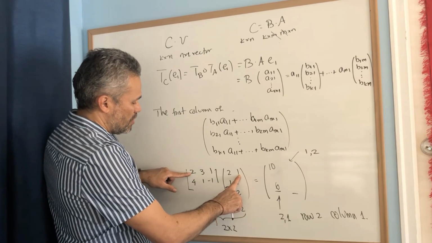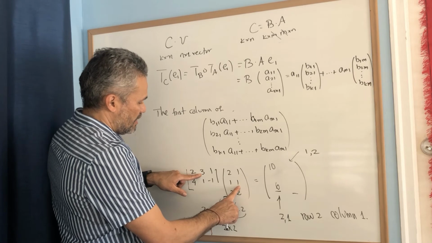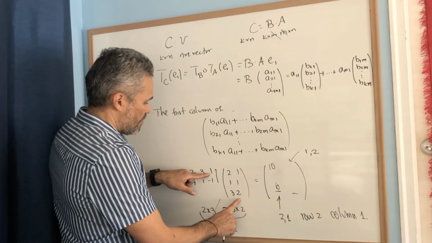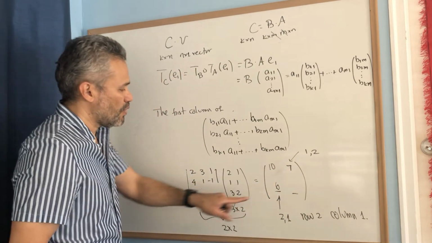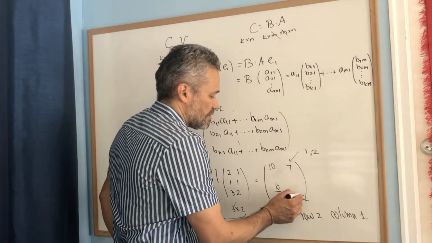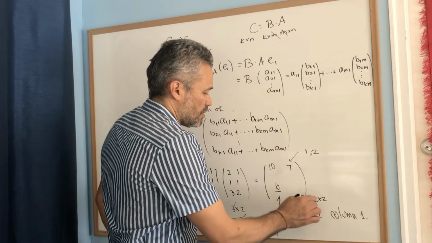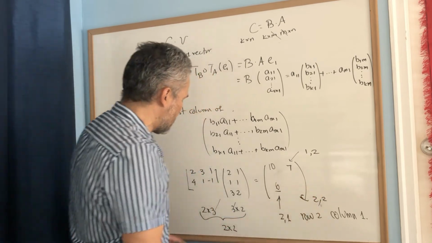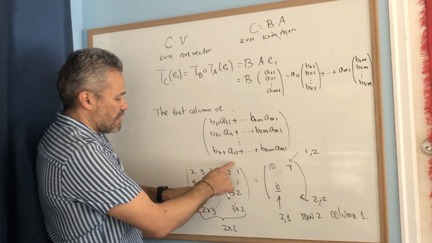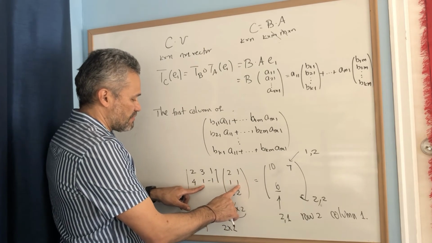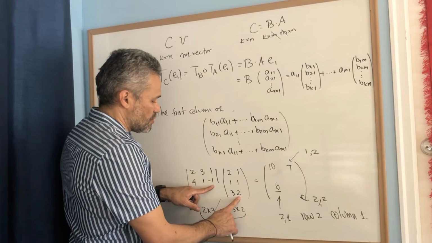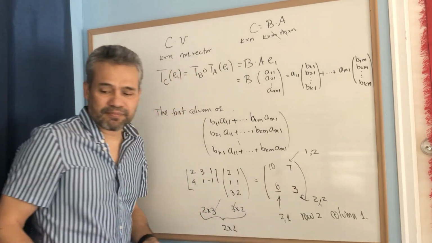I have 2 plus 3 is 5 plus 2 is 7. One number comes here. This is the entry 2, 2. That means that I use the second row and the second column. Then I do 4 plus 1 is 5 minus 2 is 3.